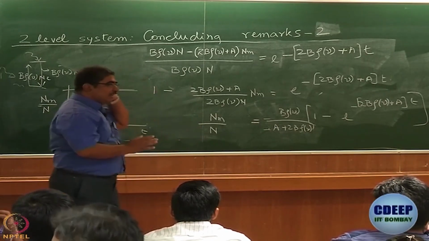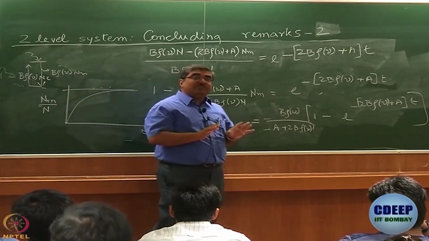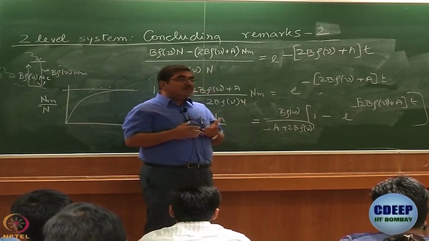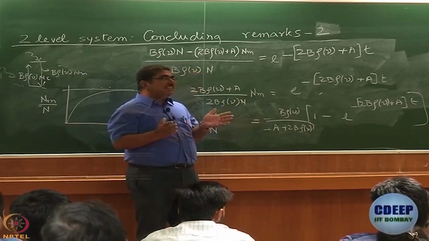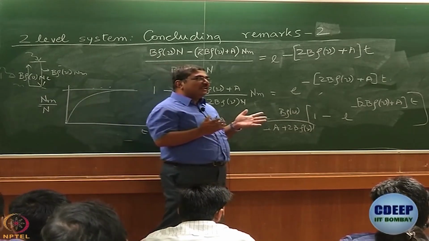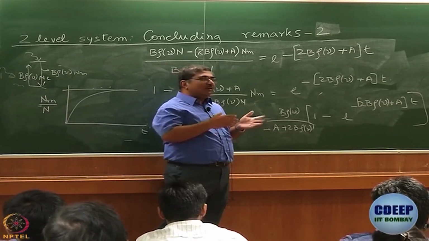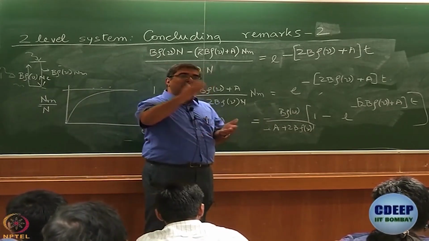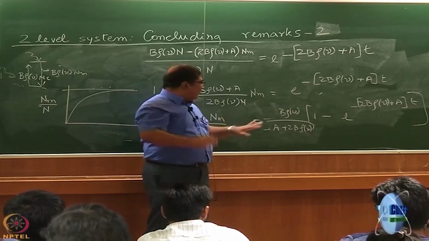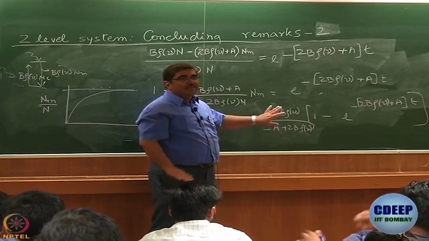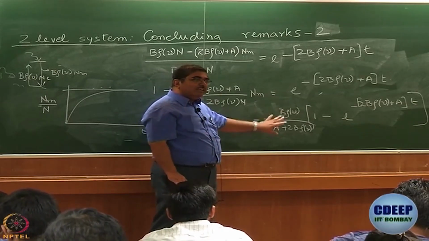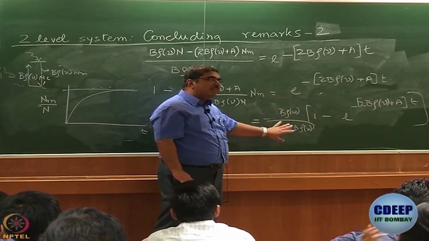What does it depend upon? Ratio of a and b. Isn't it something like nu cube by c cube? When nu becomes large, a becomes larger. When nu is small, a becomes smaller. But whatever it is, it can never be 0.